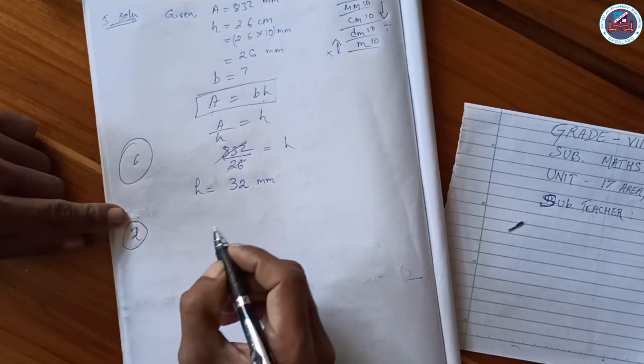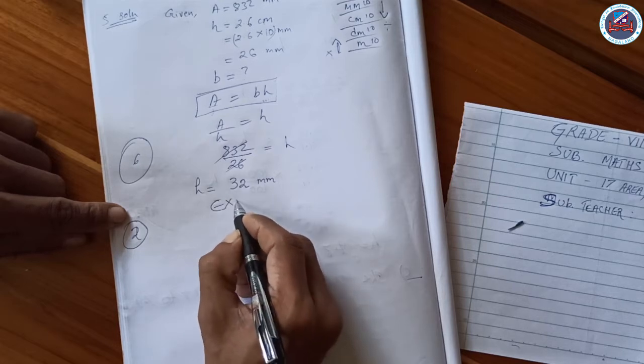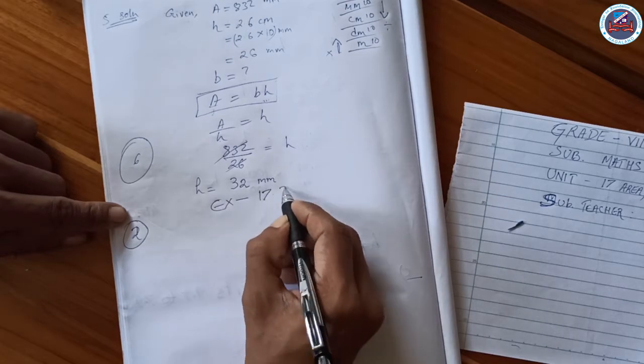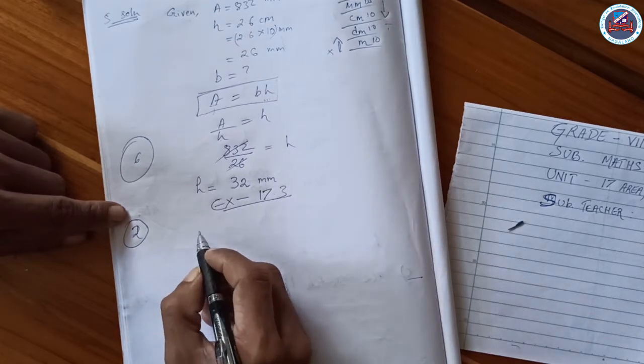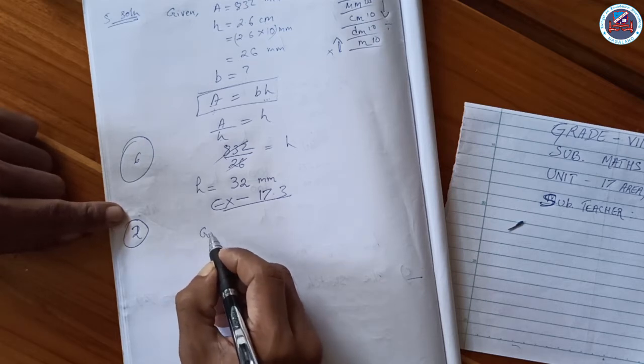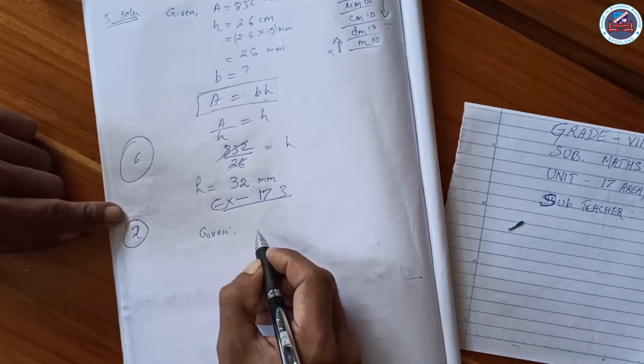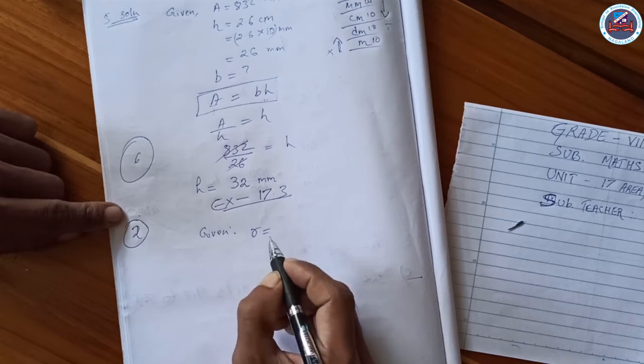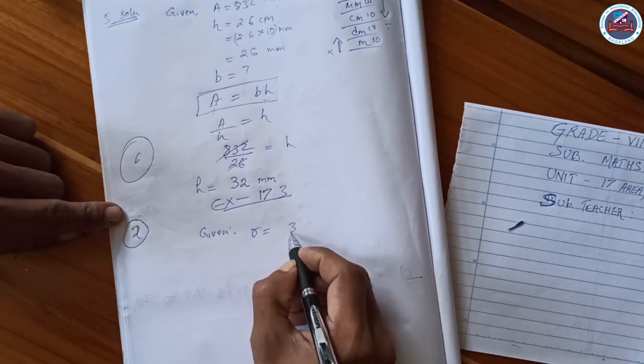Exercise 17.3, question number 2. What is given in question number 2 is radius R equals 3 centimeter.